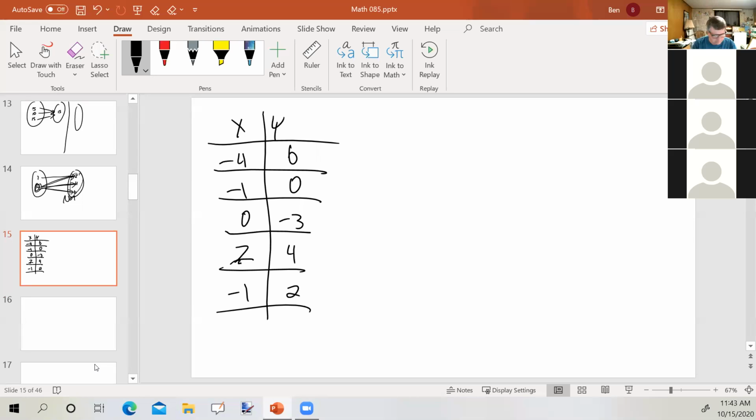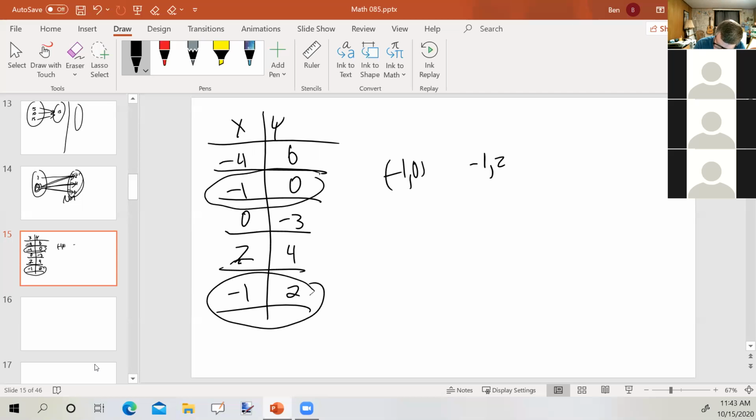Function or not? Yes. I didn't see that. Neither did I. I know it's my sloppy writing. So here is evidence that it's not a function. So you got to look everything over.